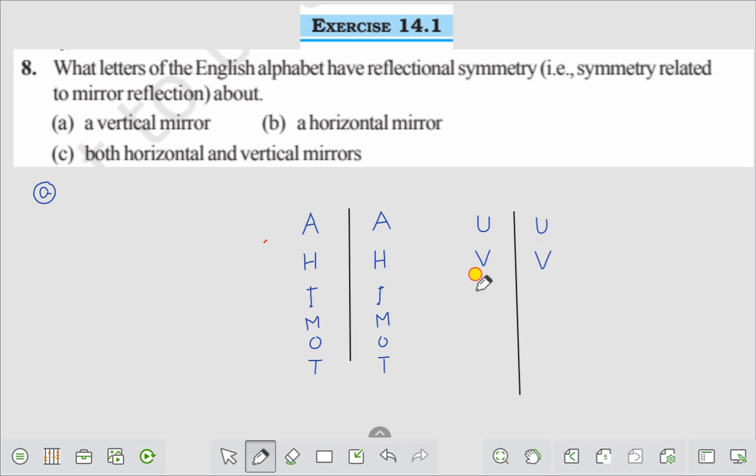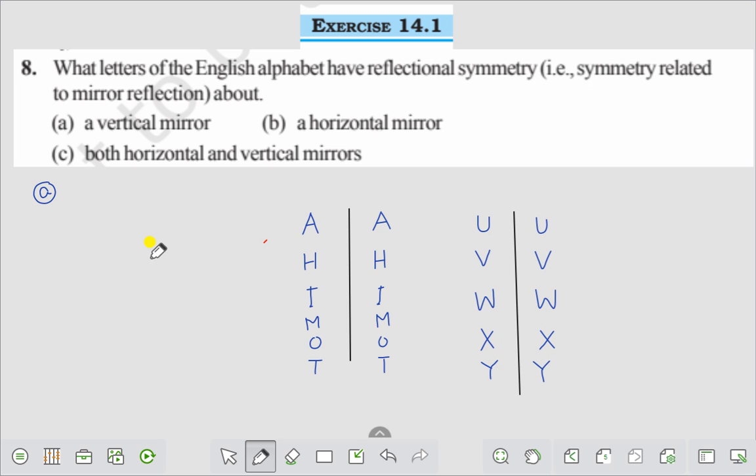If you take W, the image will be like this, W. If you take X, the image will be in this way. And if you take Y, then you will get image in this way.